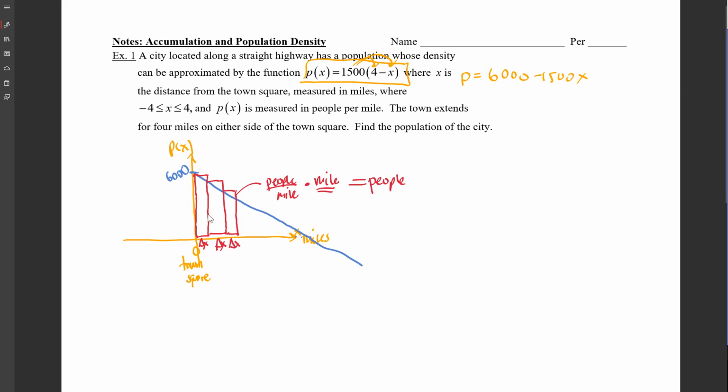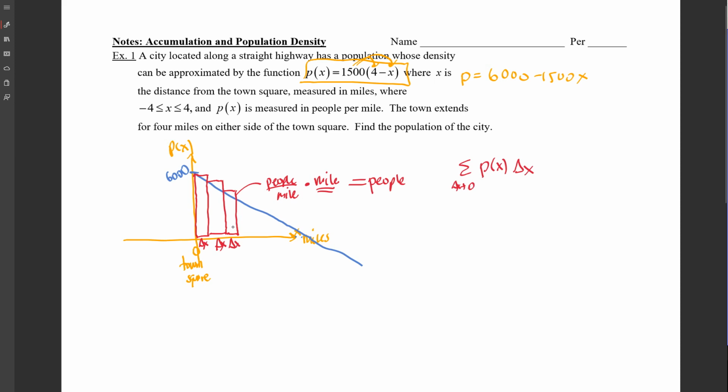Well, the population is going to be the area under the curve. So what I want to do is take the p(x), multiply it by each delta x, and sum that all up as delta x goes to 0, or as n goes to infinity.